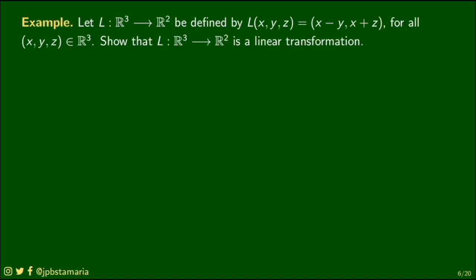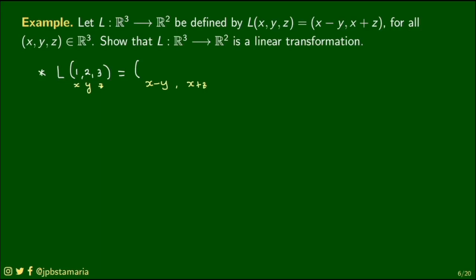As an example, if you have the input 1, 2, 3, this being your x, this being your y, this being your z, the image would be x minus y, comma, x plus z.